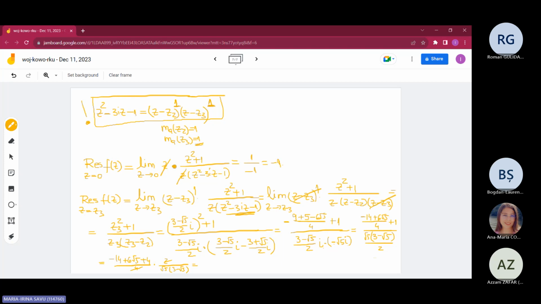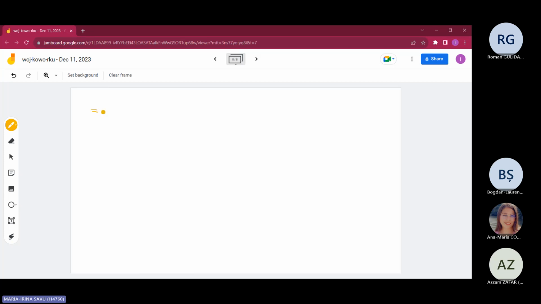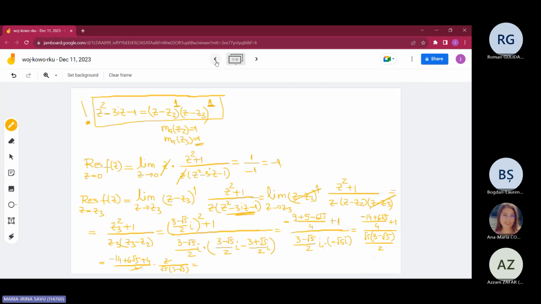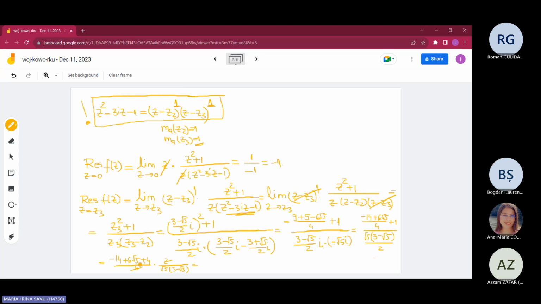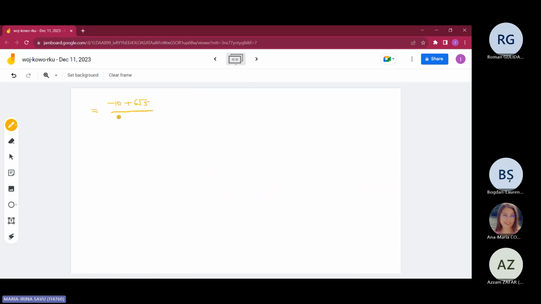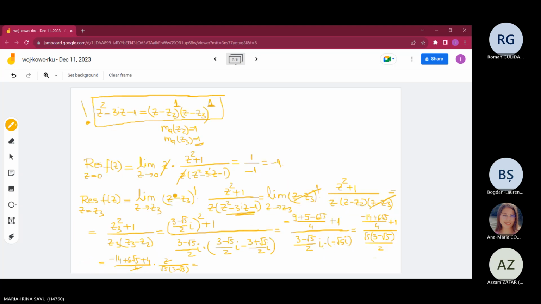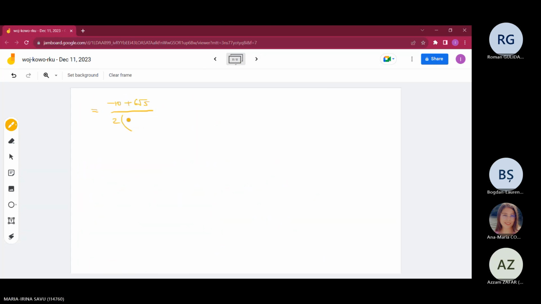You have simplification here. And you get (minus 10 plus 6 square root of 5) from here over, times (3 minus square root of 5) times square root of 5. So this is minus 10 plus 6 square root of 5, 6 square root of 5 minus 10, exactly.